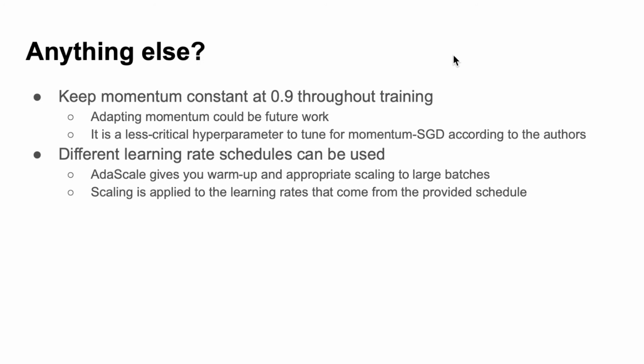They keep momentum constant at 0.9, which is a pretty common default value for momentum throughout training. And they claim that adapting this momentum could be used as some kind of future work.